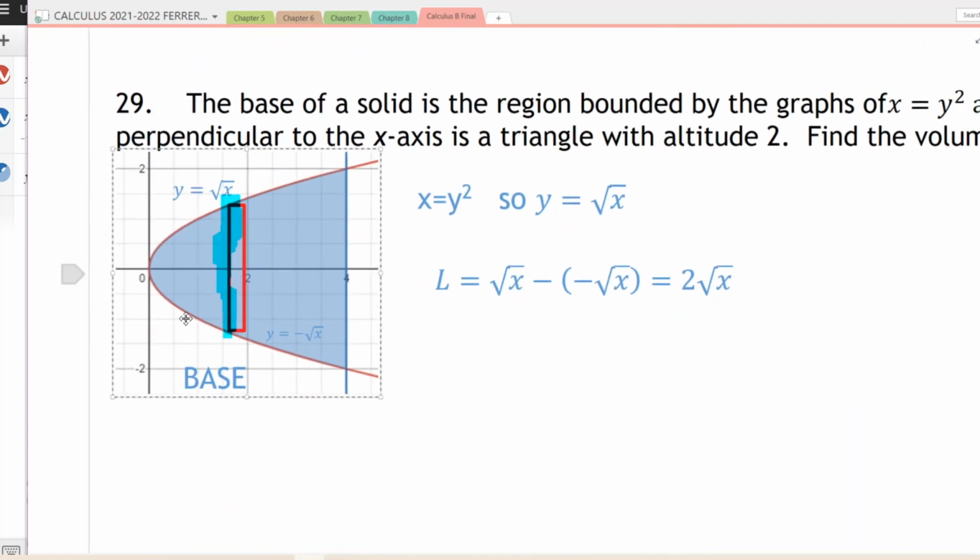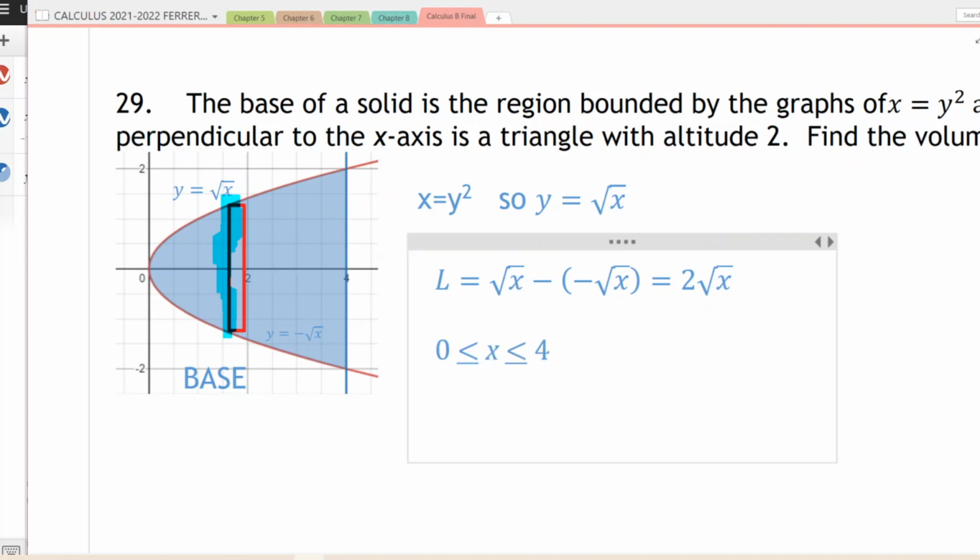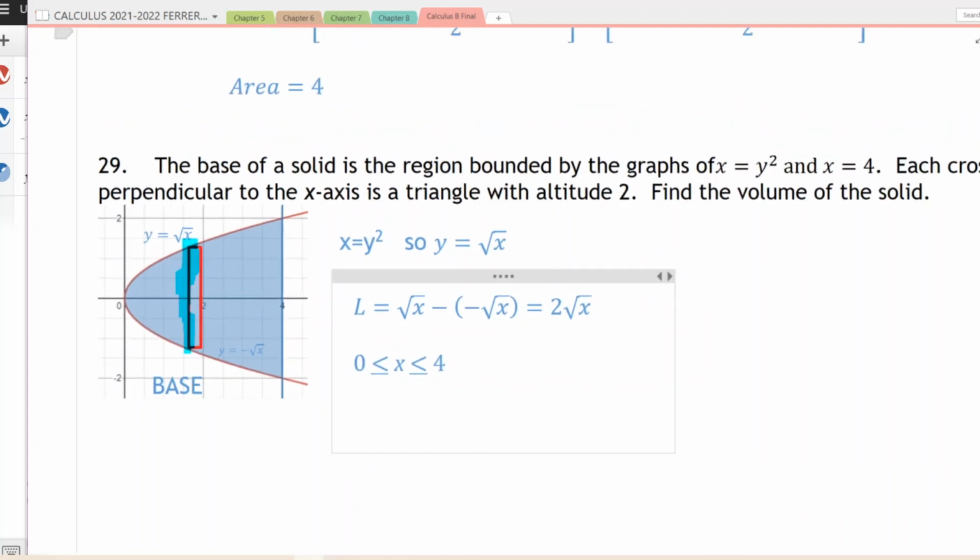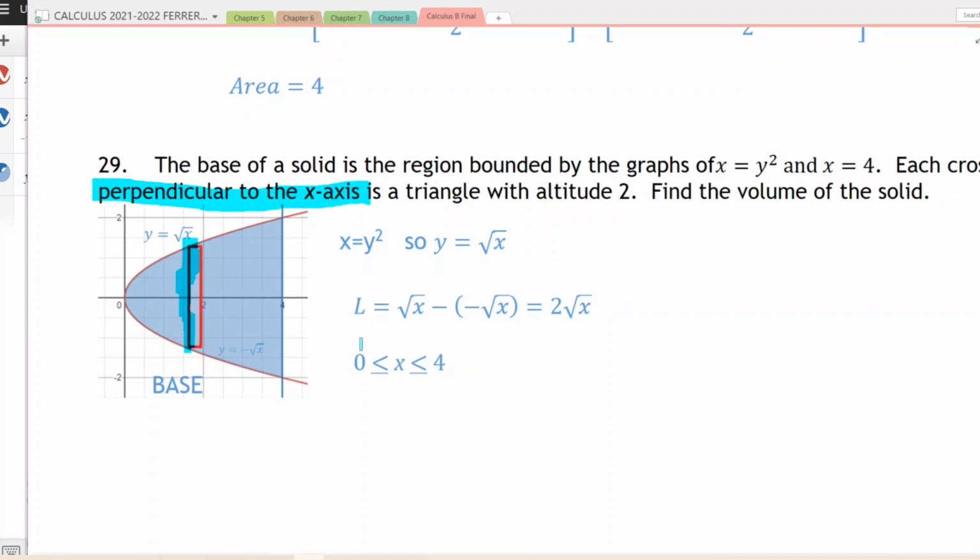Also, we can see that the x minimum is going to be 0, and the x maximum here is going to be 4. Remember that our cross sections are perpendicular to the x-axis, which means that we're going to have an x minimum and an x maximum for our limits.